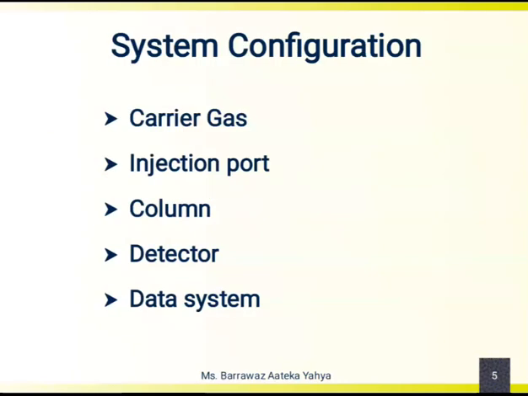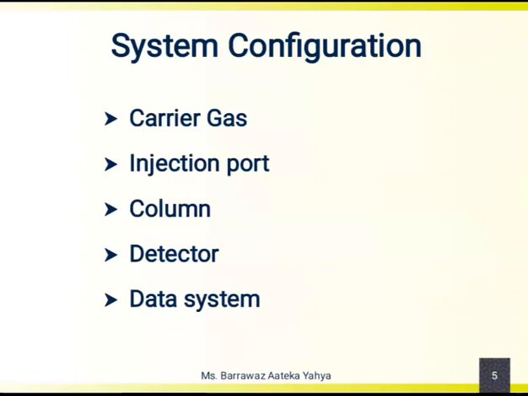economically it is better, an affordable separation technique. The instrumentation of gas chromatography has basic parts. We need to use a carrier gas. Carrier gas is the mobile phase which is utilized for the separation of a mixture of analytes. Injection port helps to inject a sample into the column for the separation. Column: based on the type of sample we have, there are different types of column, either wall coated open tubular or capillary column.